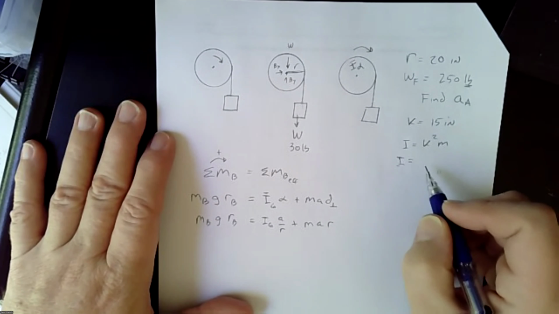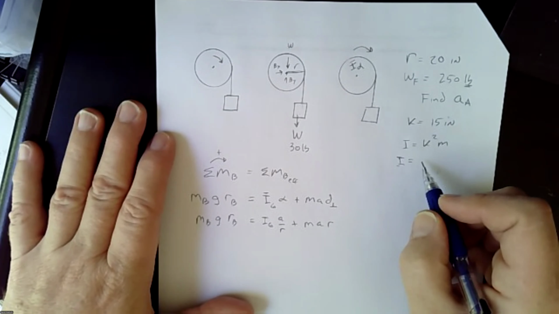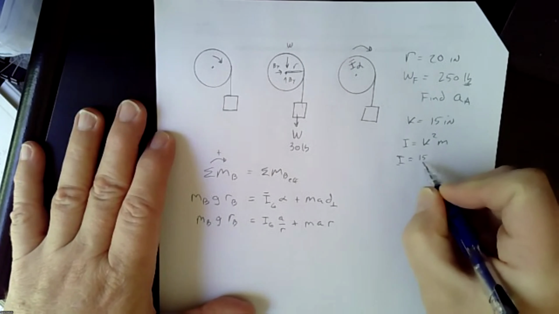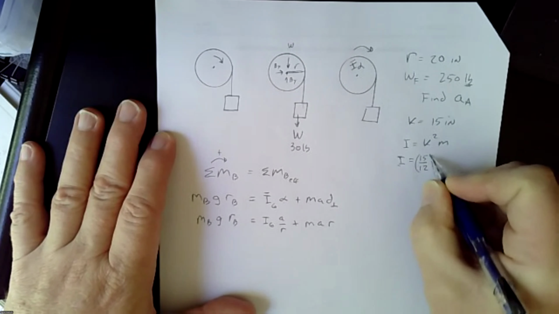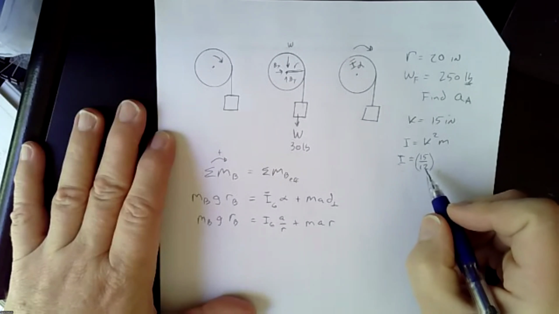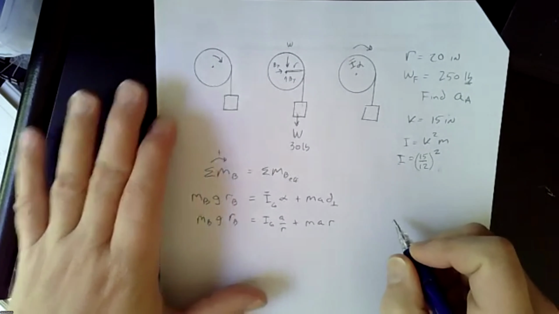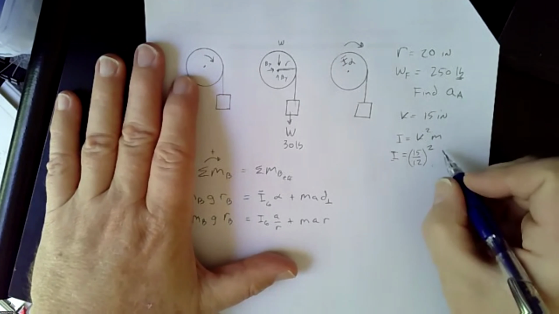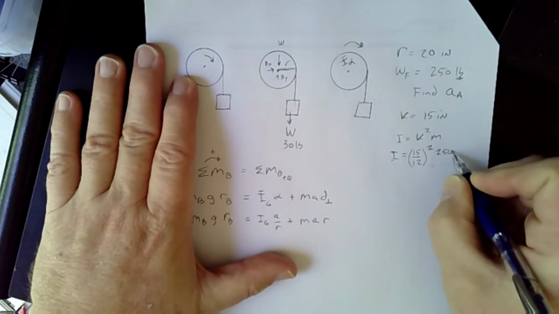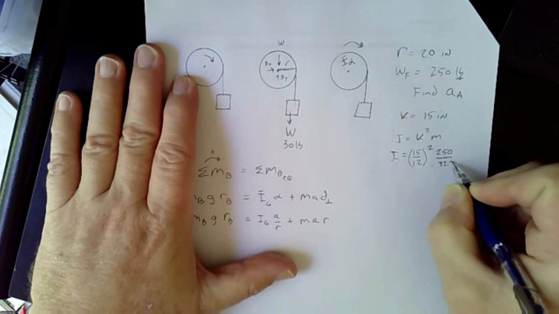So our I is K. Well, if K is 15, it's really 15 over 12 as far as feet go. So it'd be 15 twelfths, giving us feet squared. And then the mass of the wheel is 250 divided by 32.2.